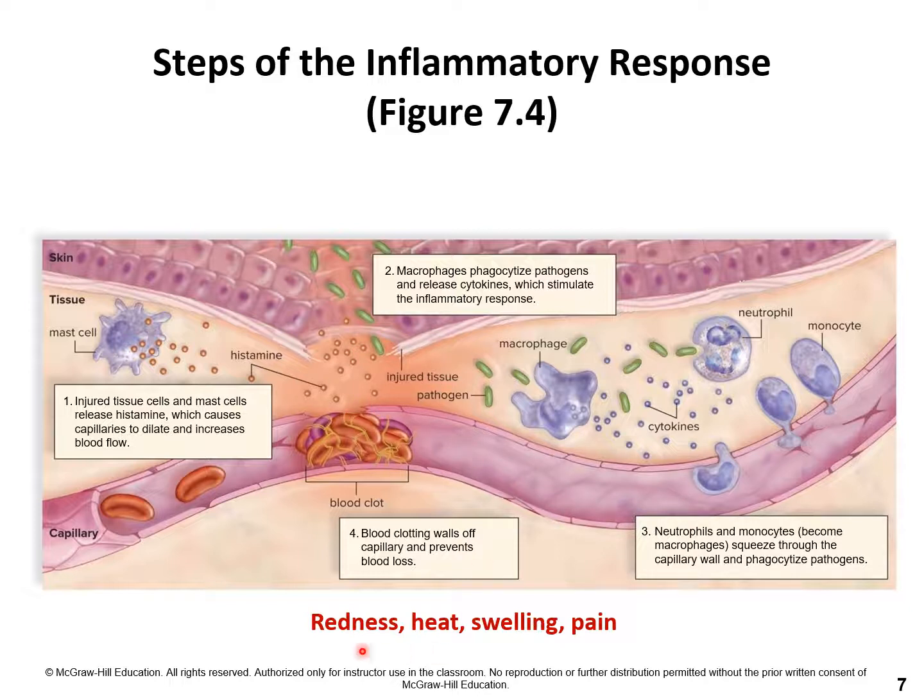And so this causes the redness, the heat, the swelling, and the pain is caused by this increase in blood volume, increase in fluid volume, pressing on nerves in this area of injured tissue.